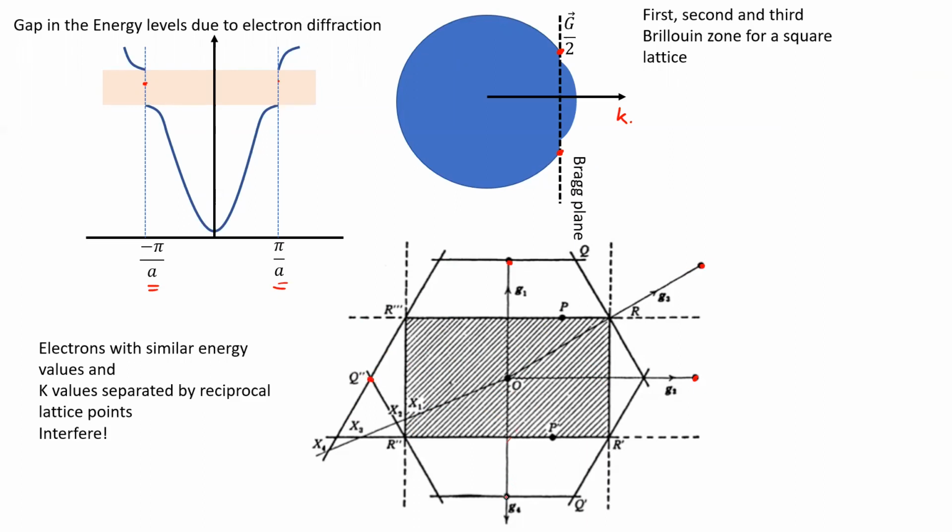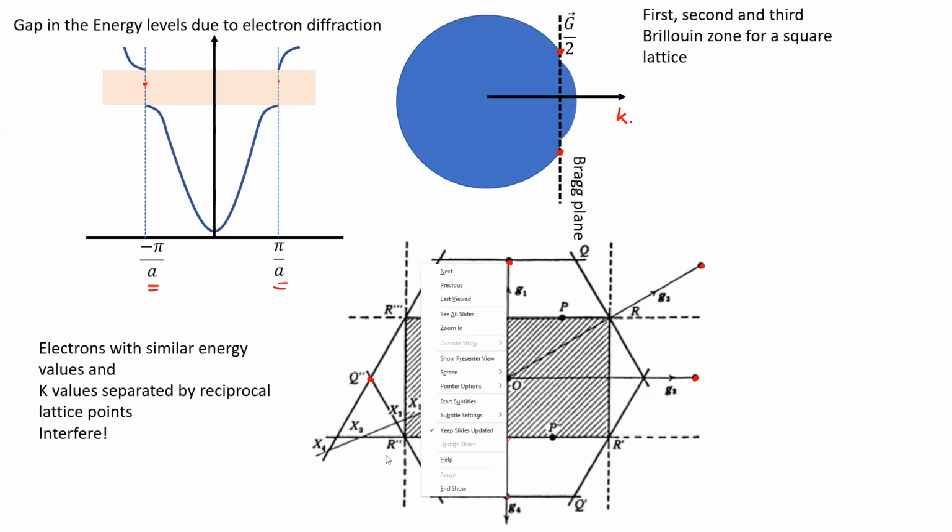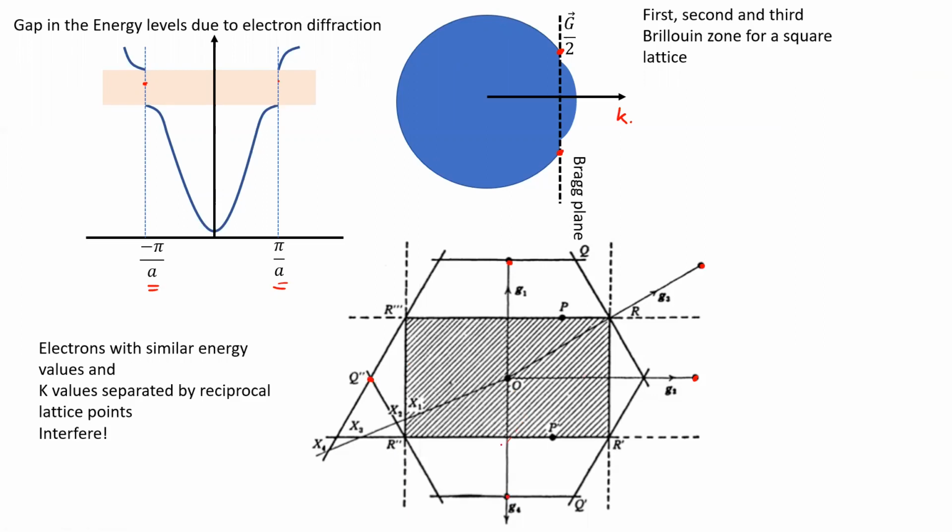Sixth here. So if you draw perpendicular bisectors to the nearest neighbors of this one, you will see the first one here, second one here, third here, and fourth here, right? And the region bounded by this is called the first Brillouin zone or the first Wigner-Seitz cell, correct?